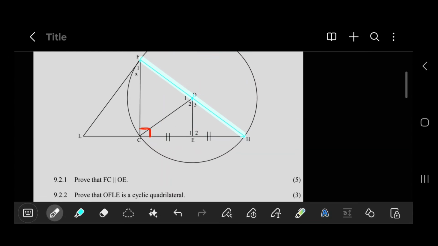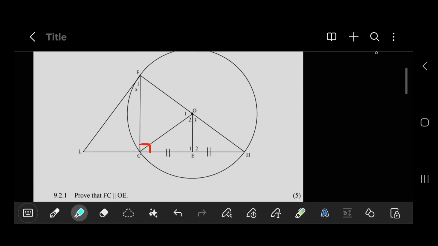Now, since I want to use fun X, here is the F shape that I'm trying to get. If I need to prove that FC and OE are parallel to each other, I can create this F shape. And what do we know about corresponding angles? They must be equal to each other. Right now I've shown that FCH is 90 degrees. If I can show that this angle, which is OEH, is 90 degrees as well, then I've proven that these two lines are parallel because of corresponding angles.